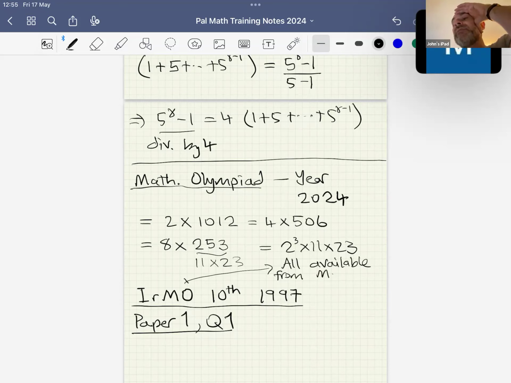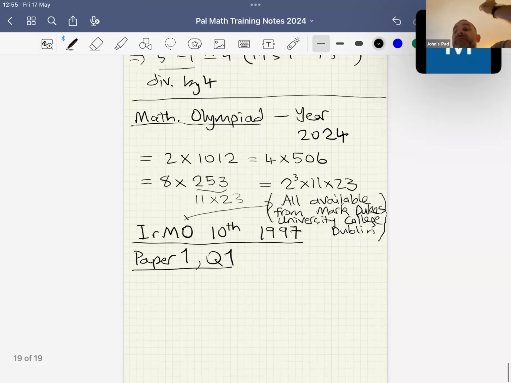I think there's a lecturer called Mark Dukes at University College Dublin. You can just download a PDF if you want practice questions. There are so many resources online with competition questions, but I just mention that in passing.